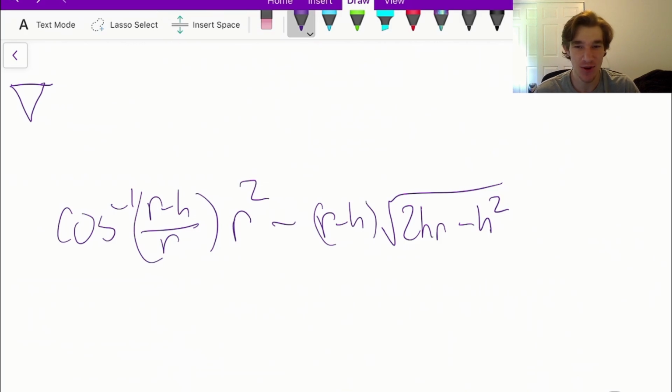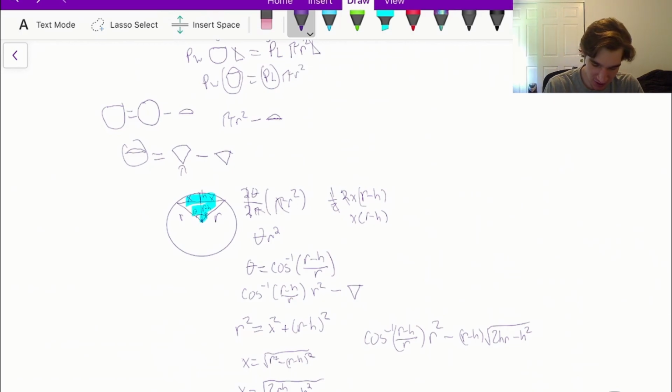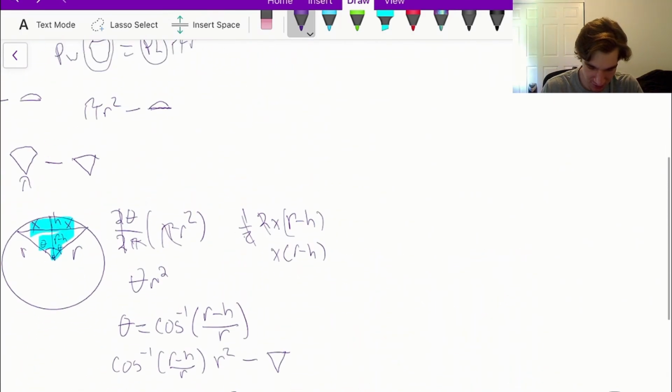So now that we have that, we are almost done. We have to put that back into right there, subtract it from pi r squared.